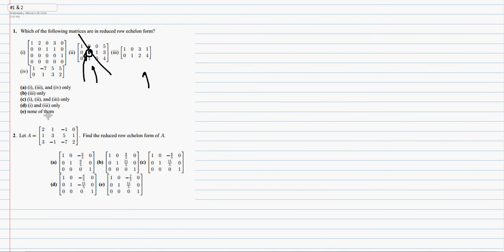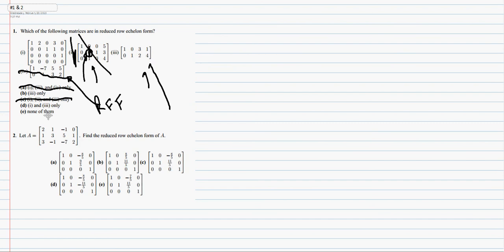This should be the 0 and this should be the 1. So we can cross out this possibility, which already kind of crosses this out, and that's okay for now. Over here, this is the definition of a row echelon form, so we can cross IV out. Okay, we can cross IV out of the equation, and this is gone.